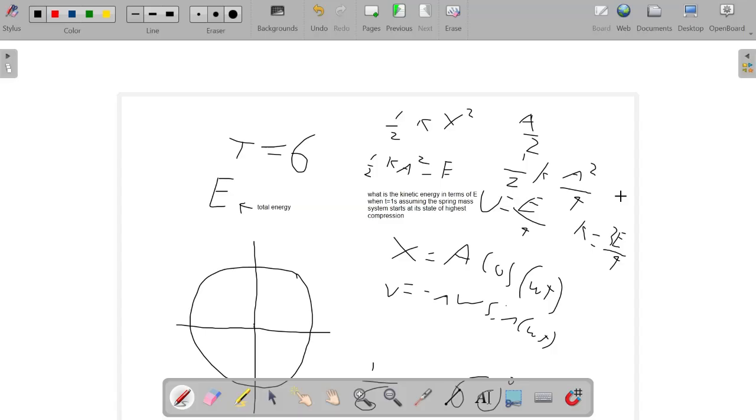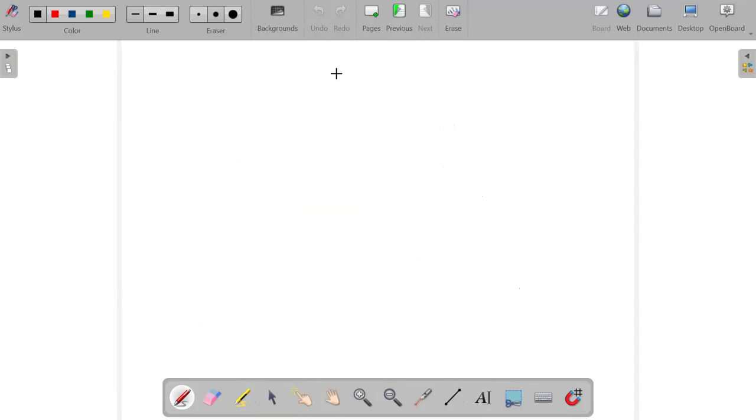Okay, this one I think is a nice one. We have an object and it's oscillating. It's also part of a mass spring system.